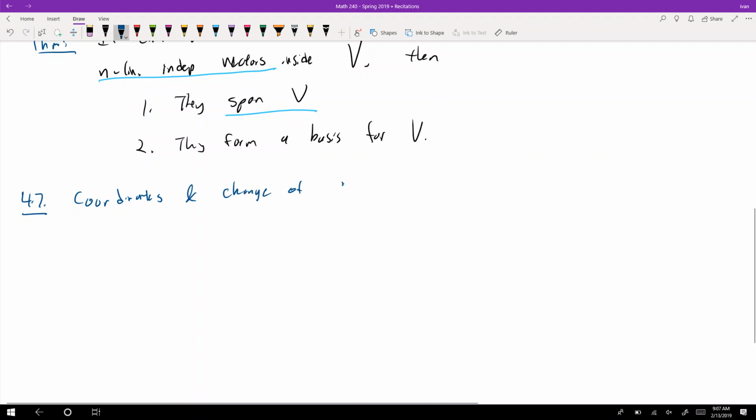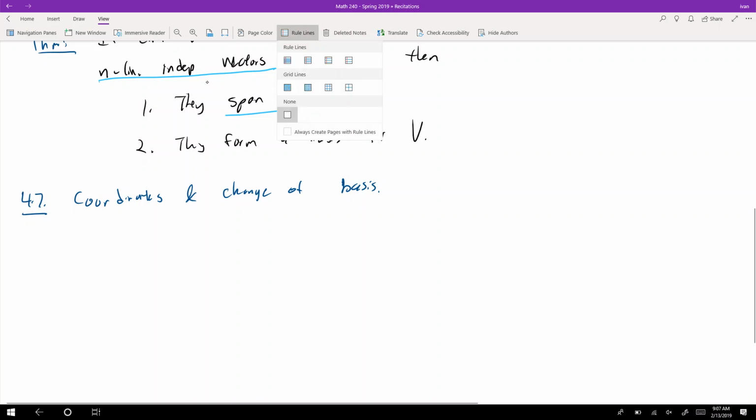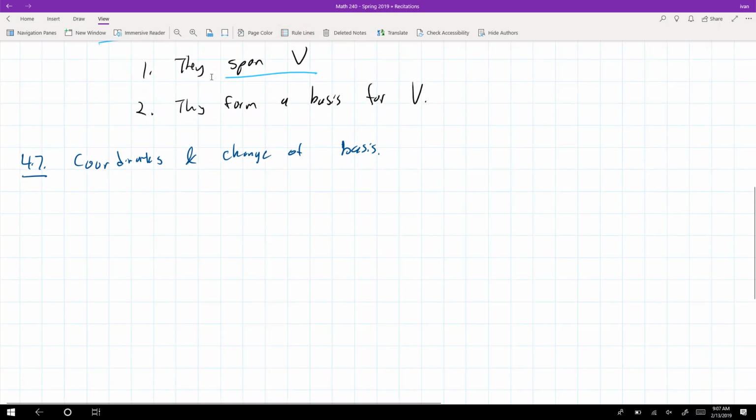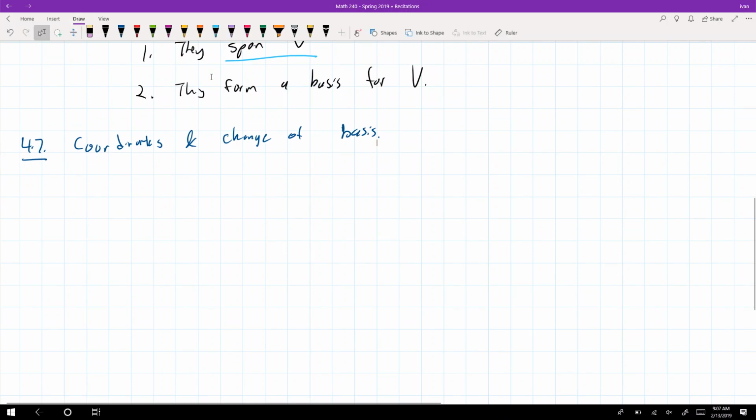All right, and the idea is the following. In lecture yesterday, you started looking at coordinates, and so we'll do the same thing here. By looking at coordinates, we can motivate change of bases.